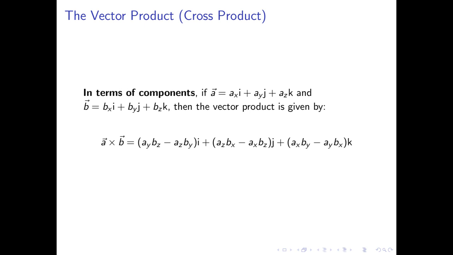But for vector products, that is not the case. For vector products, in terms of components, you are going to be having A2 B3 minus A3 B2.